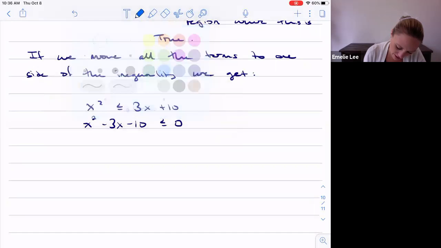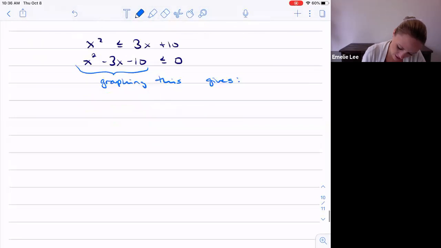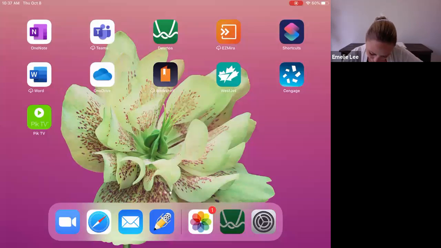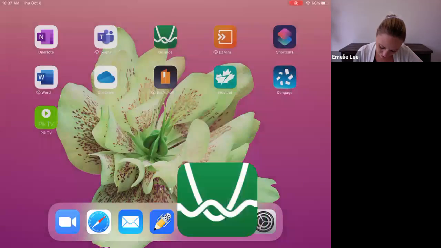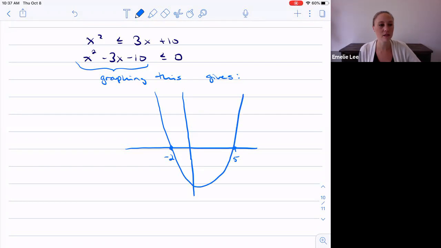If we graph this, graphing this gives something like this. I'm going to try to copy it here, at -2 and 5. Something like that.